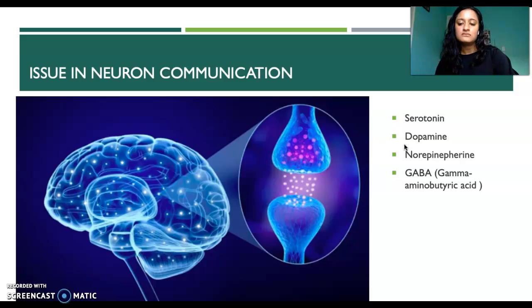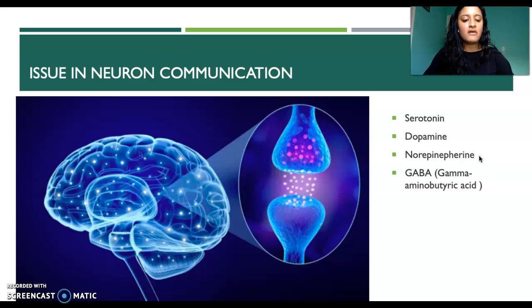The others that are involved are norepinephrine, and this is the neurotransmitter that constricts blood vessels, raising blood pressure. So sometimes it definitely triggers anxiety, and it's also thought to be involved in depression. Specifically, low levels of norepinephrine cause depression. And the last one is GABA, which stands for gamma amino acid.